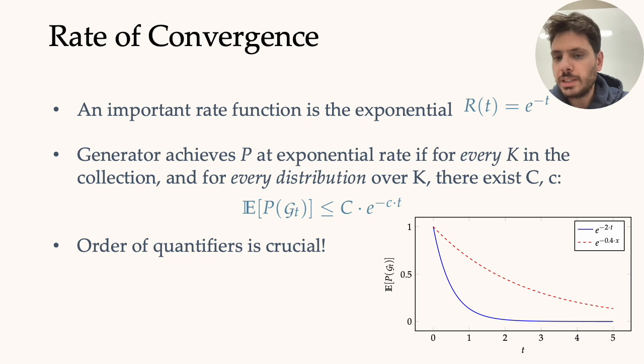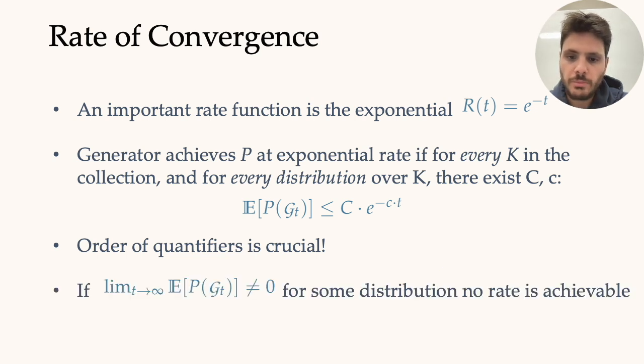For example, this red curve shows a decay with a constant 0.4. One important thing that we will use in this work is the notion of having no rate achievable, and by that we mean that this limit does not converge to zero.